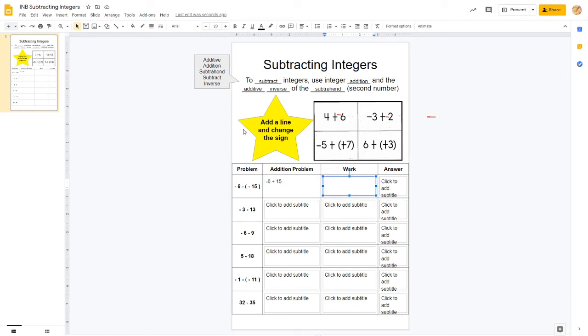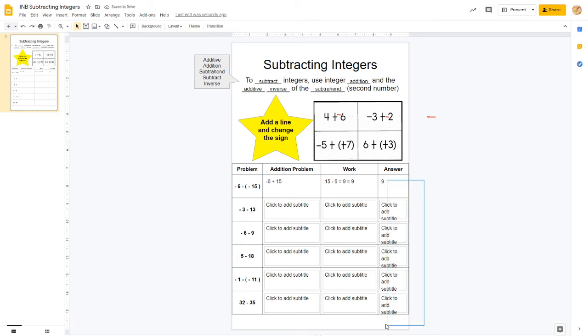So now I add like I would with adding integers. My two signs are different, so I'm going to subtract. 15 minus 6 is 9. And since my 15 is bigger than my 6, it's a +9. So my answer here would be 9.